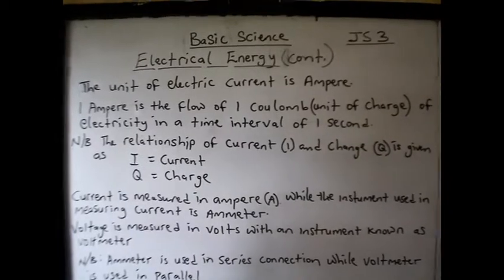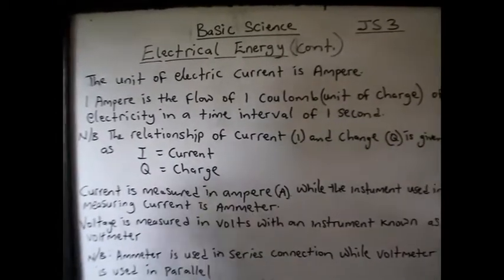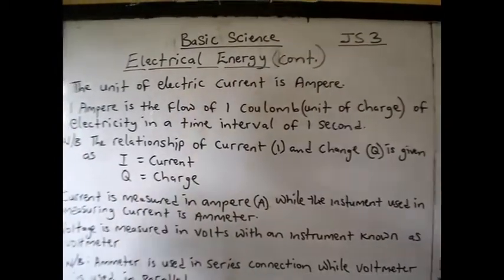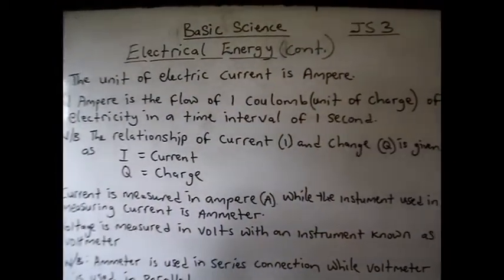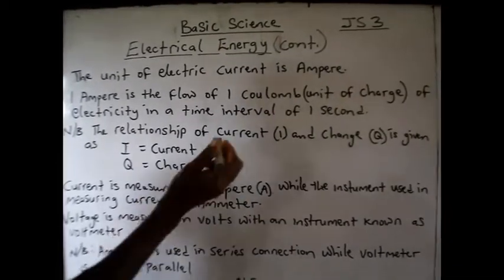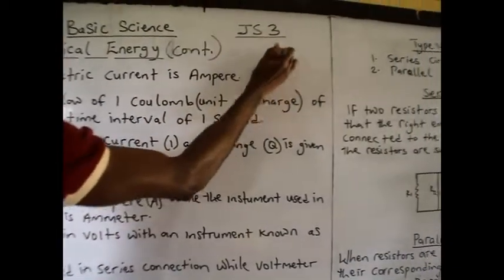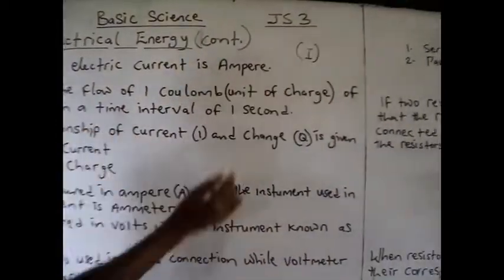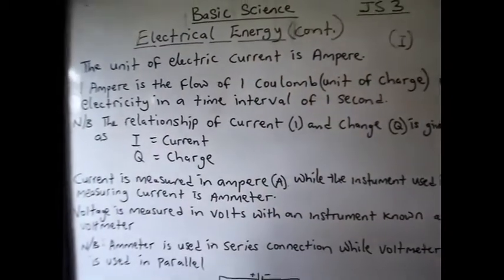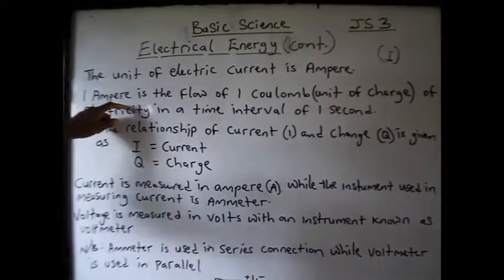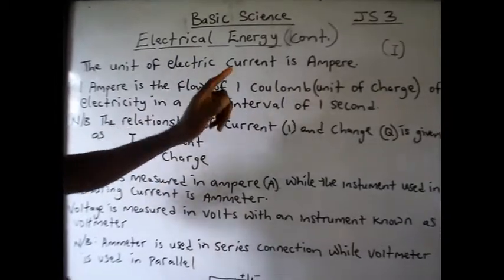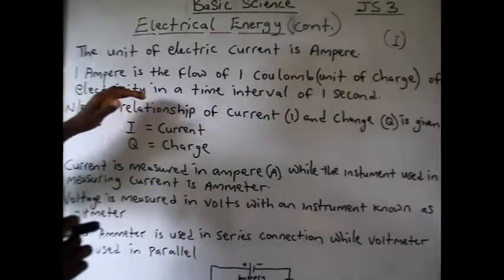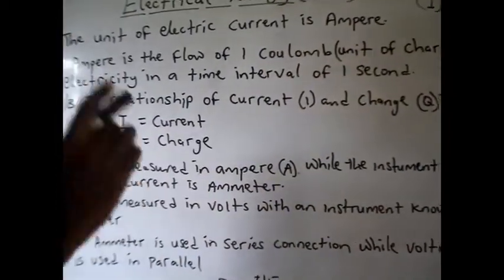Now the unit of electricity or electric current is what we call ampere. Ampere is a unit for electric current, and this ampere is written as capital I. We are going to see it later, but know that ampere or the electric current is written as capital I. So from what we have on the board, we said that 1 ampere is the flow of 1 coulomb, that is 1 unit of charge of electricity, in a time interval of 1 second.